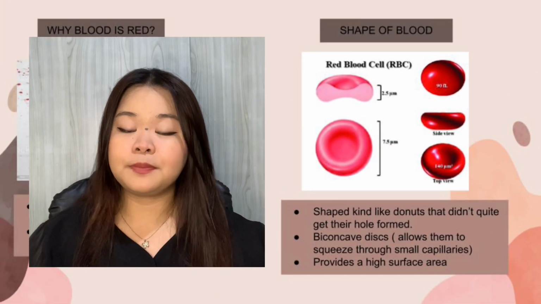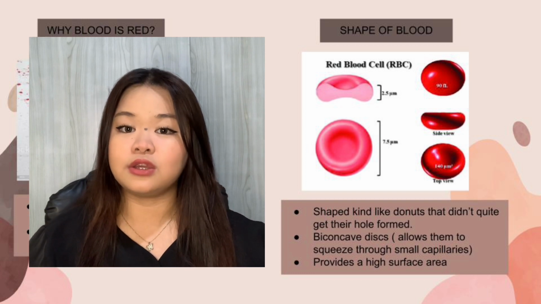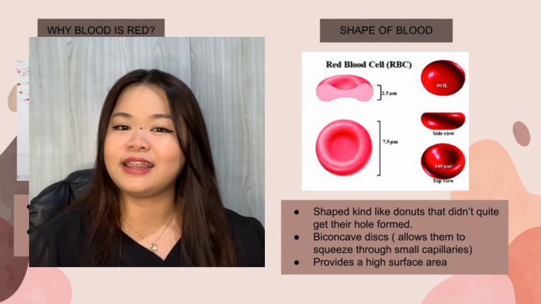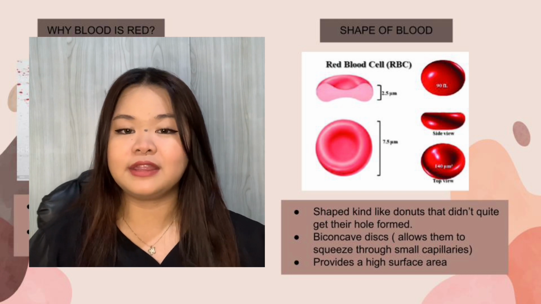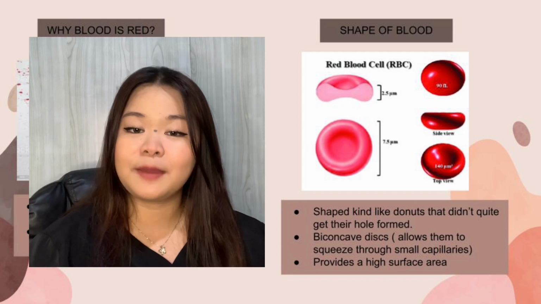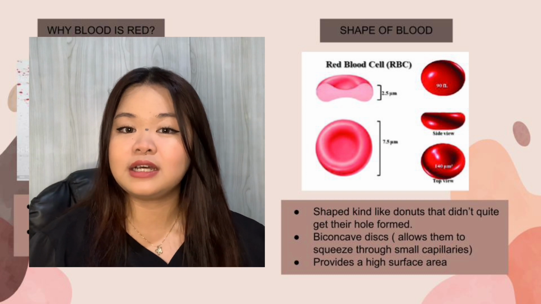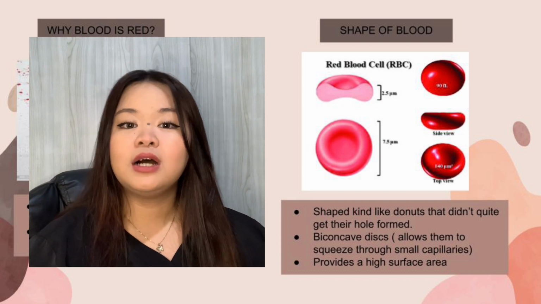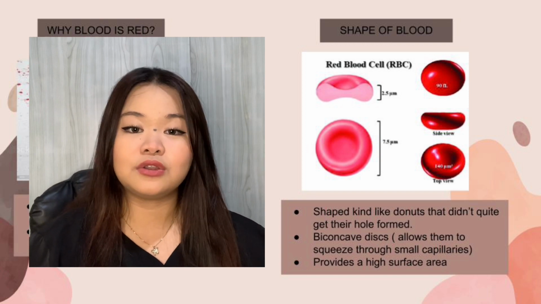Meanwhile, for the shape of blood, RBC are shaped kind of like a donut that didn't quite get its whole form. It is shaped like a biconcave disc, a shape that allows them to squeeze through small capillaries. It also provides a high surface area to volume ratio, allowing gases to diffuse effectively in and out of them. Next, Farahia will continue the presentation.